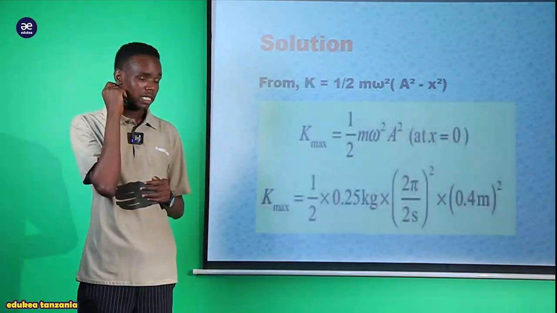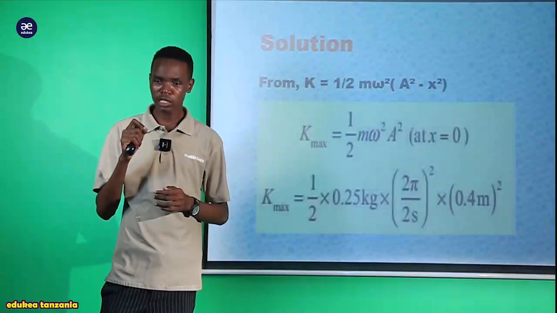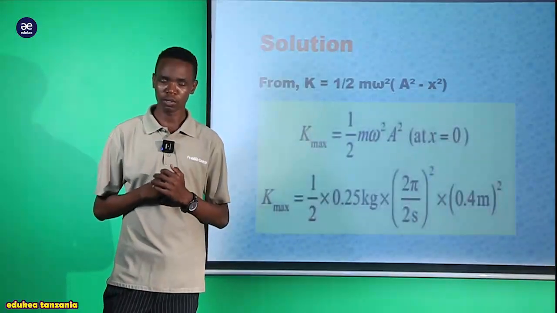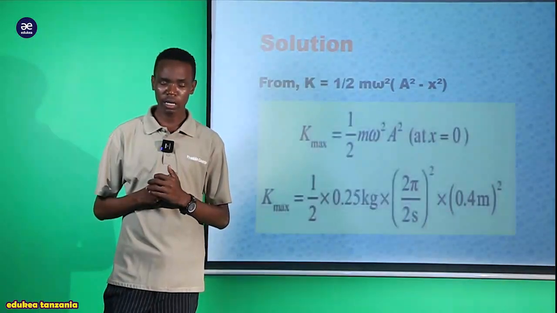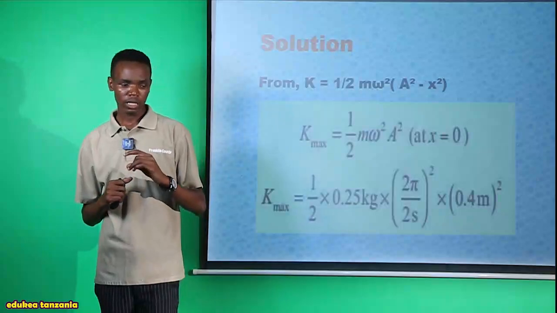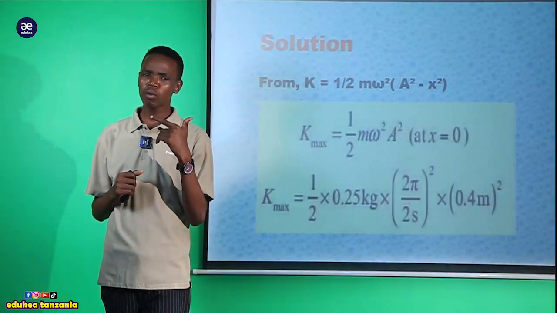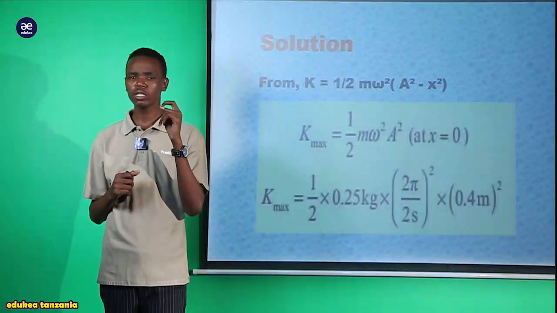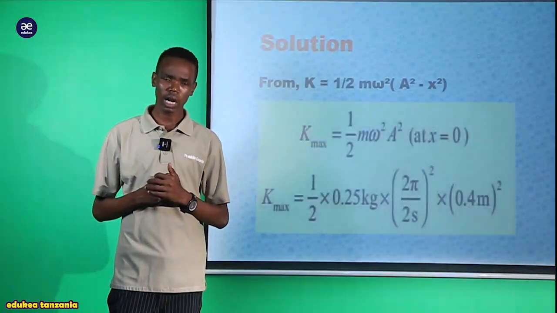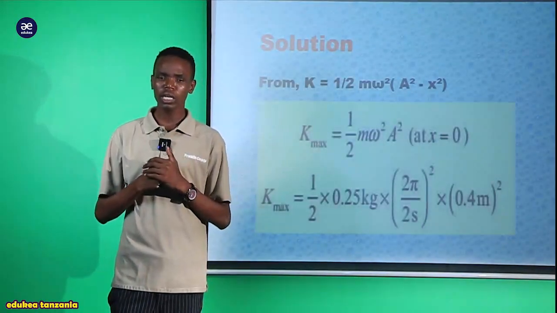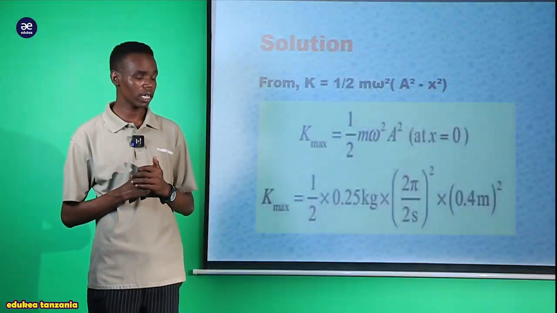Now, our question needs us to find the maximum, so how can we get it? The greatest displacement is always equal to the amplitude. How can we get the maximum kinetic energy?